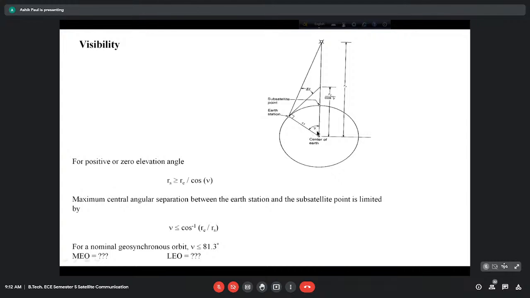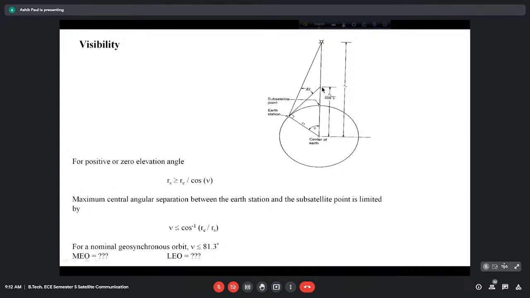If this is the radius of the Earth, Re, and this is the angle gamma, then this side, as you can see, will be Re by cos gamma, right? I think you can understand this angle is 90 degrees. So in this triangle, if this angle is gamma, then cos gamma is Re by this side. So this side will be Re by cos gamma.